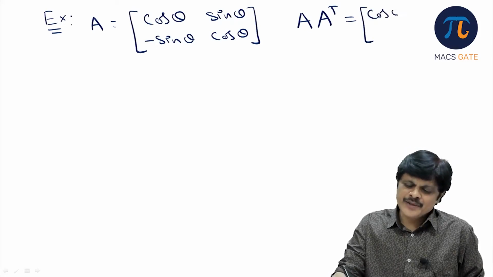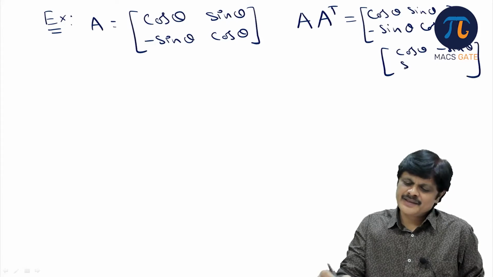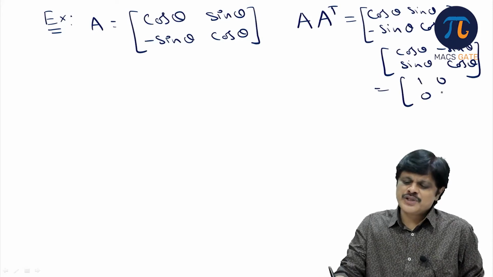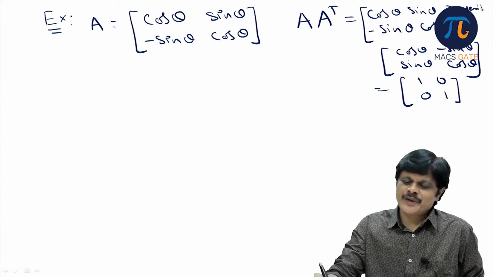Please try at home. A into transpose: cos theta, minus sin theta, sin theta, cos theta. If you multiply, you should get 1 0 0 1. Please verify. I am not doing this verification.